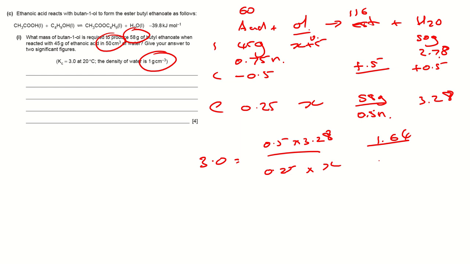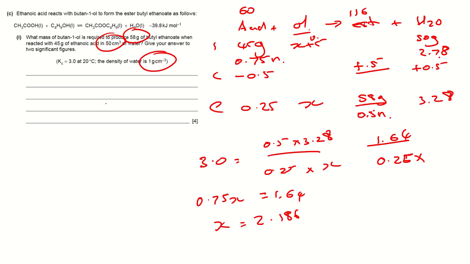Okay, and then we have on our bottom line, which is 0.25 times X, which is 0.25X. I'm going to cross multiply now, okay? So that tells me that 0.75X is equal to 1.64. So 1.64 divided by 0.75 will give me what my X is. So my X is equal to 2.186.